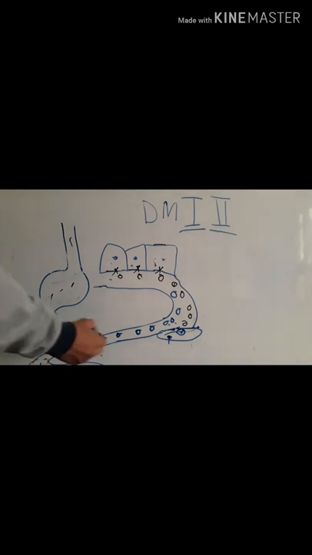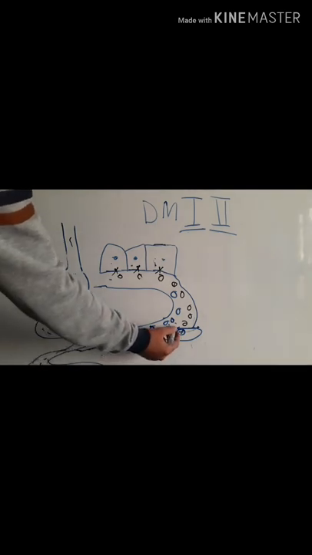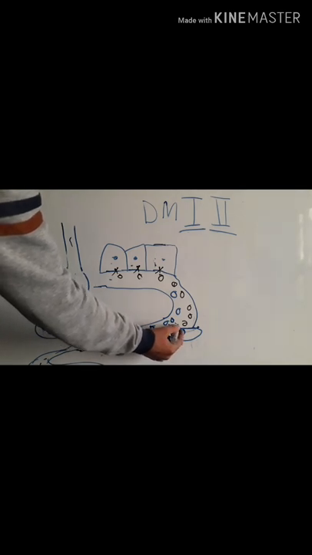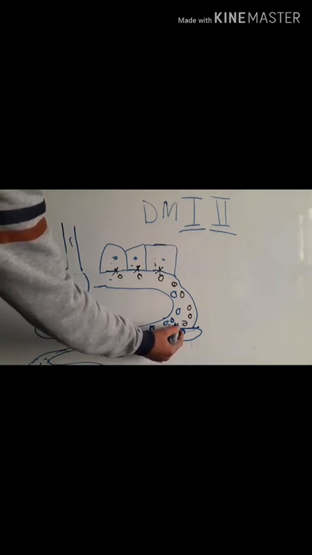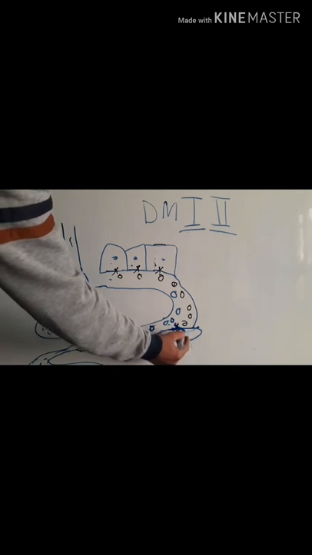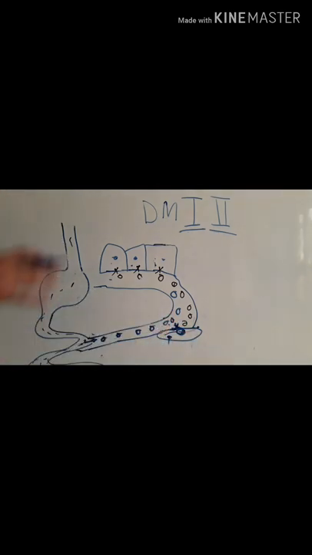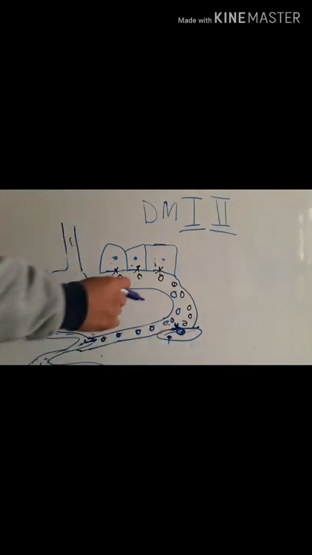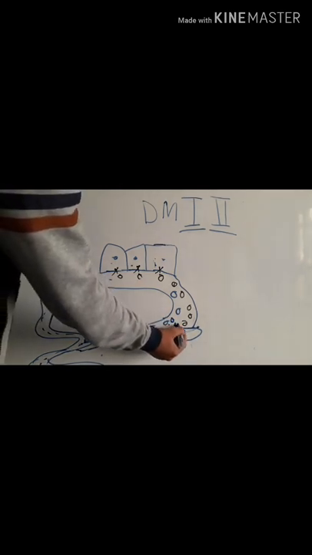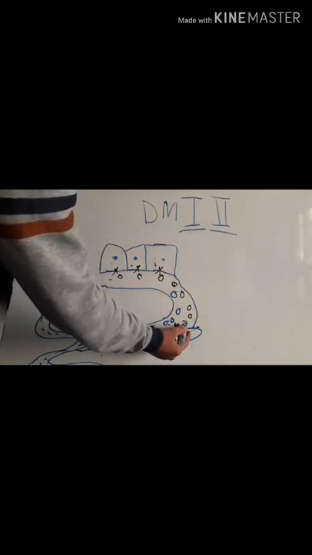When the sugar goes inside the blood vessels and reaches the pancreas, it will stimulate the pancreas, and there are special cells in the pancreas called Langerhans cells. When stimulated, these cells will produce insulin.